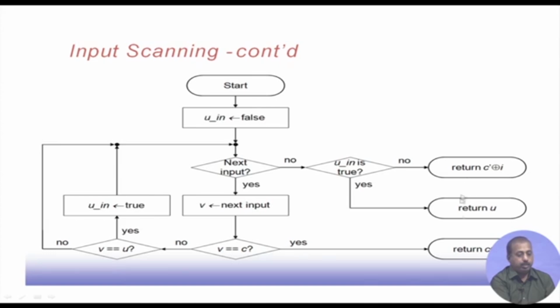So it returns 3 possible values: C XOR I if it sees a controlling value, C bar XOR I if it has not seen any controlling value and has not seen any u, and u if it has seen any u as an input. This way the input scanning method can compute the values of different logic elements in the circuit.